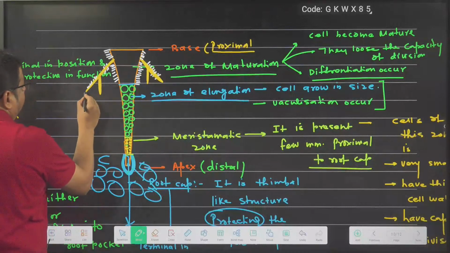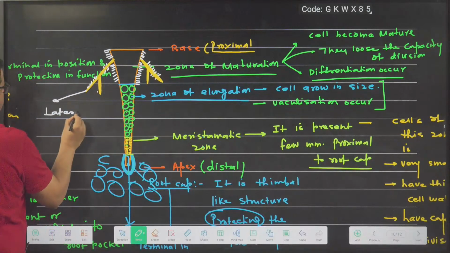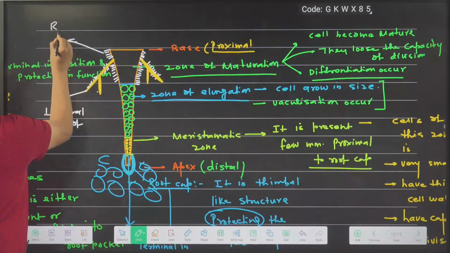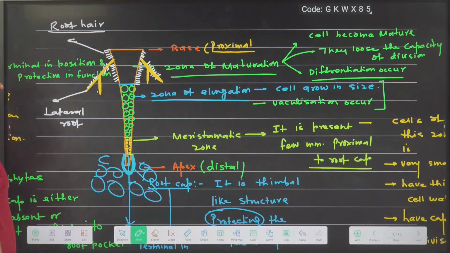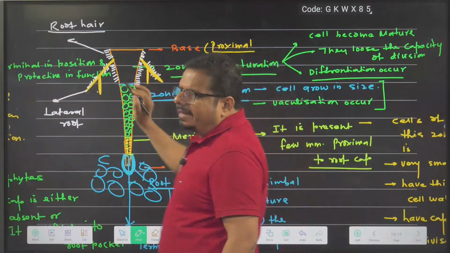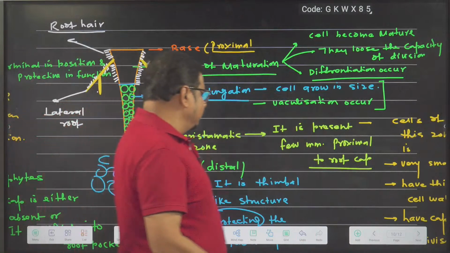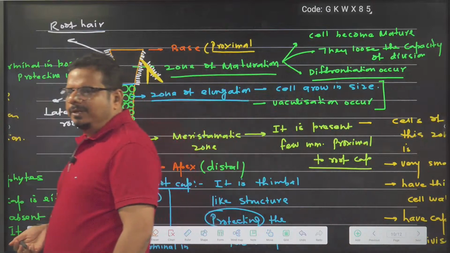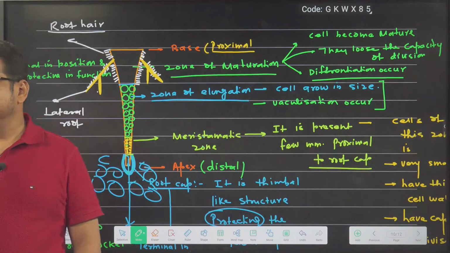So I am writing lateral root and this structure is root hair. Both present in which zone? Zone of maturation. So if someone asks you, lateral root and root hair are present in which zone? Answer will be zone of maturation. Clear?